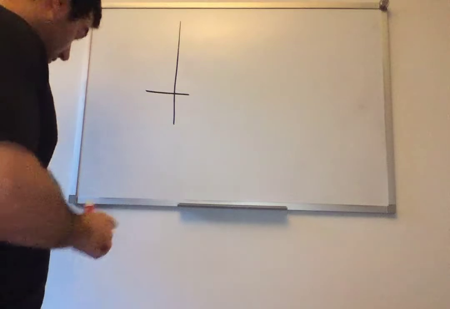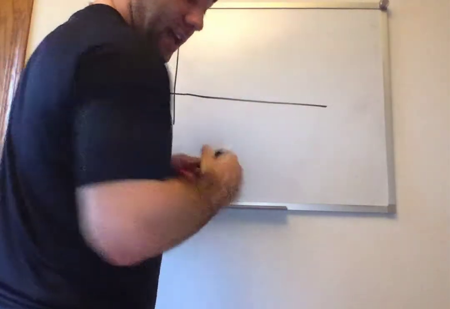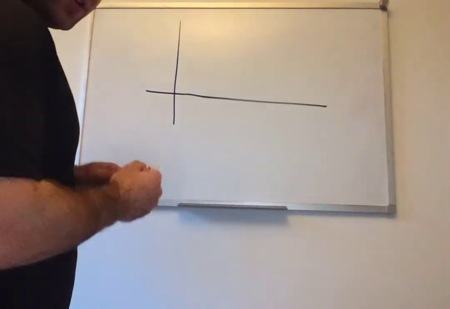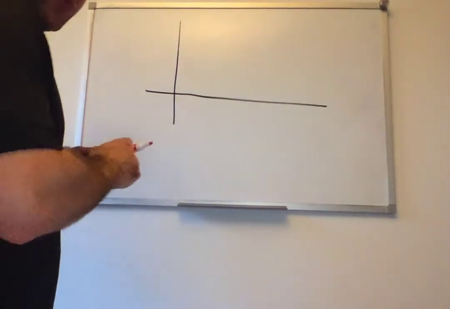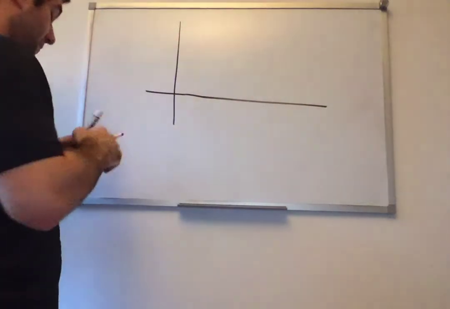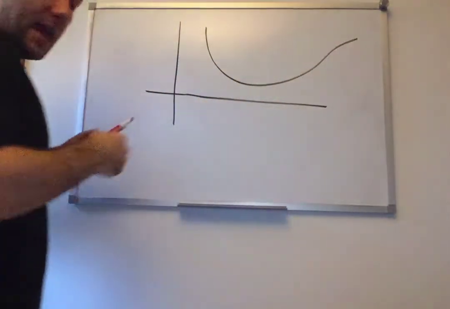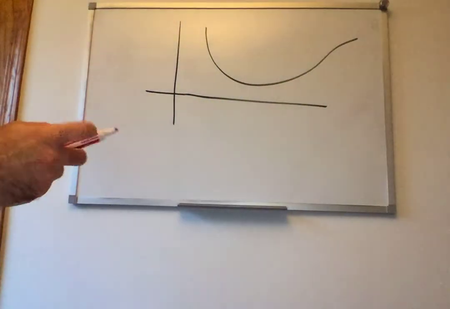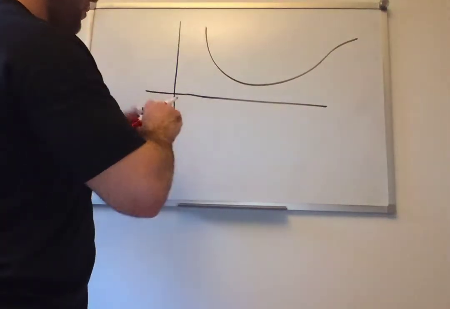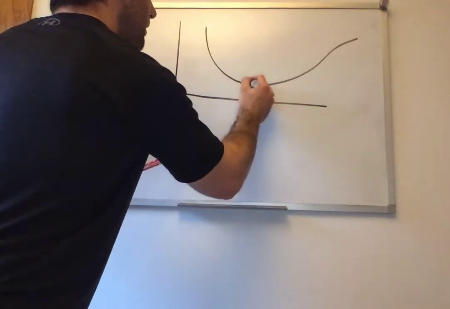Now, you do have another analogous case to this. I'm going to erase my axis. And it's when we have a local minimum, okay? It's number 2, or letter B. It says if the derivative changes from negative to positive, then we have a local minimum at C. So, there's C right there.